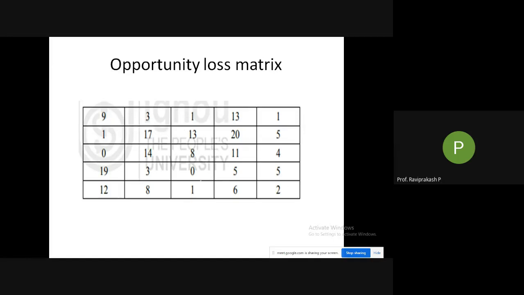Just check, don't blindly copy. There might be some mistakes. Solve it properly because you need to have that practice. I'll give it here and you'll be directly copying it, but in the examination this will not be given. So calculate the whole matrix, then if you want, you can cross verify.